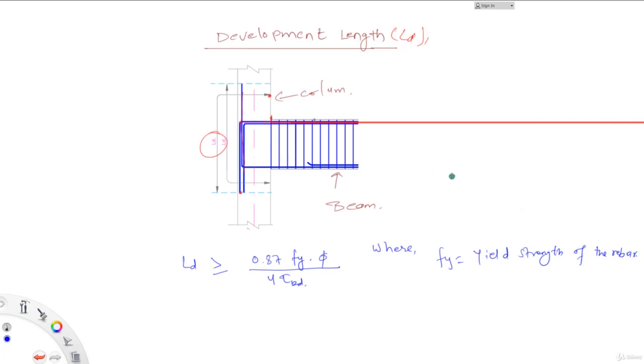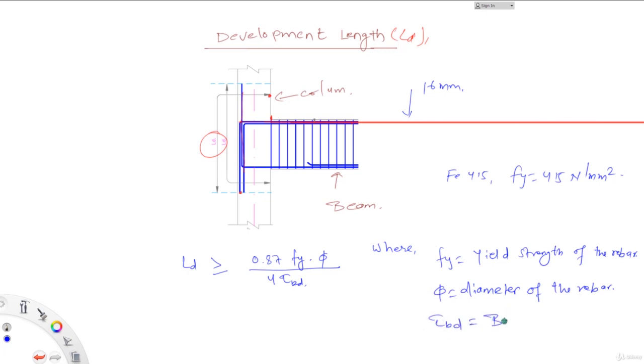If you are using Fe 415, then Fy is equal to 415 Newton per mm square. Phi is equal to the diameter of the rebar. Let's say that if the diameter of this rebar is 16 mm, then phi is equal to 16, and tau Bd is equal to bond stress.